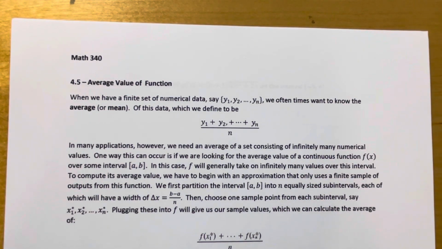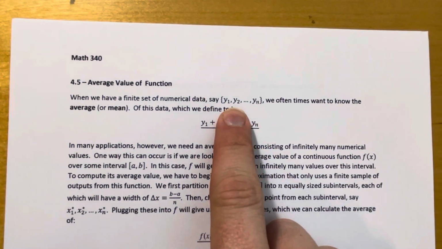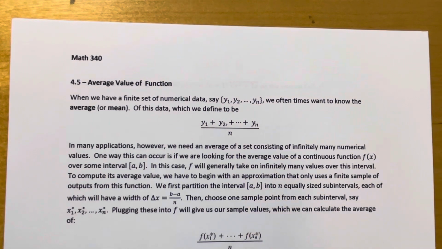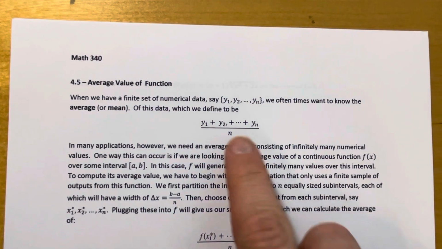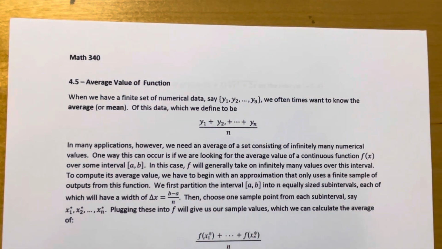So that's great, and that's very useful, but there's sometimes applications where the number of values that we're trying to average is actually infinite. And that might seem impossible at first, because if you're trying to take an average of an infinite number of numbers, not only do you have to add up infinitely many values, but then you have to divide by infinity, and that doesn't make sense.